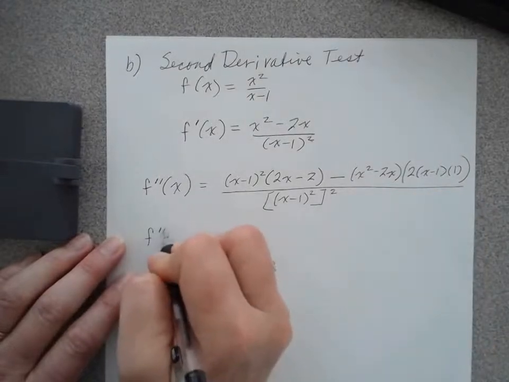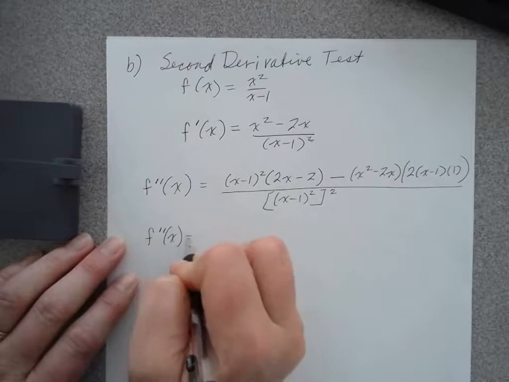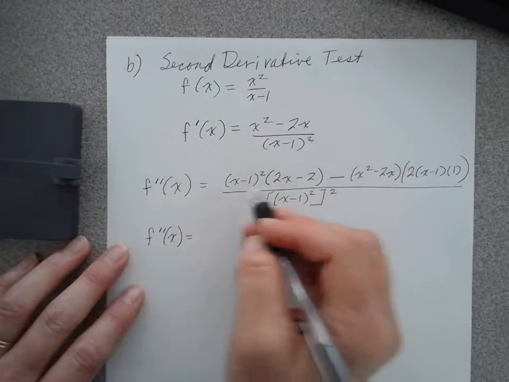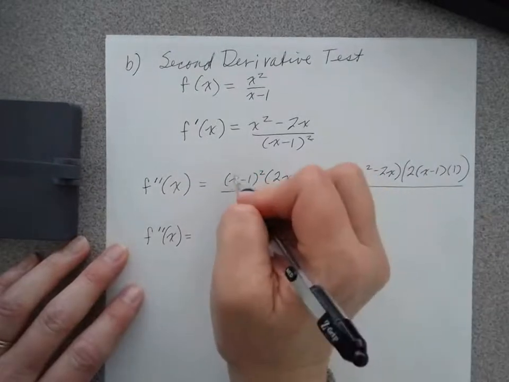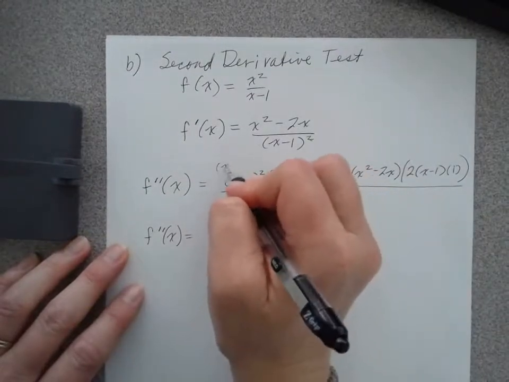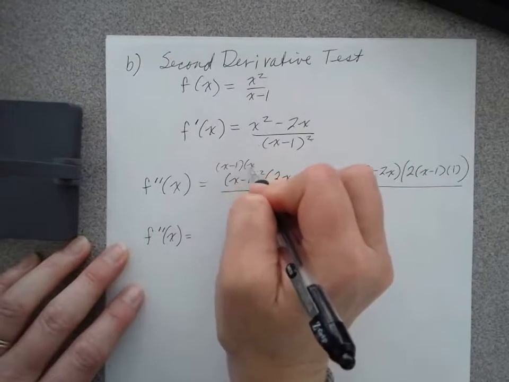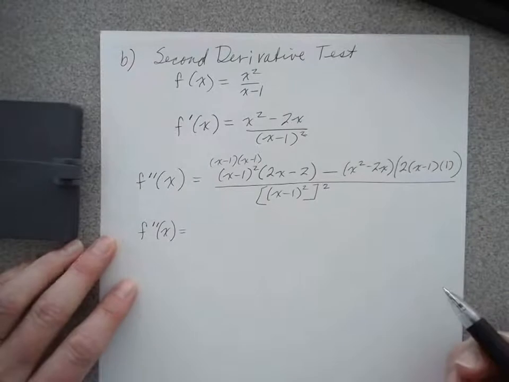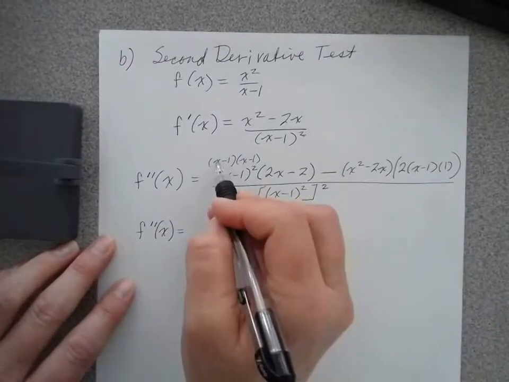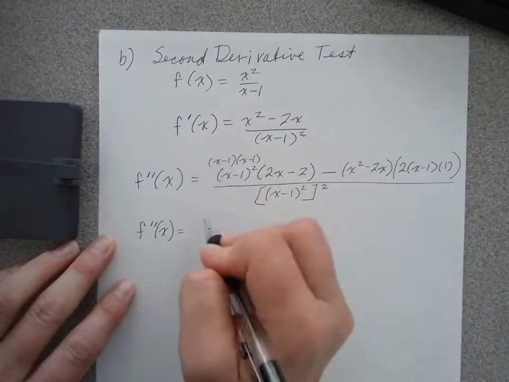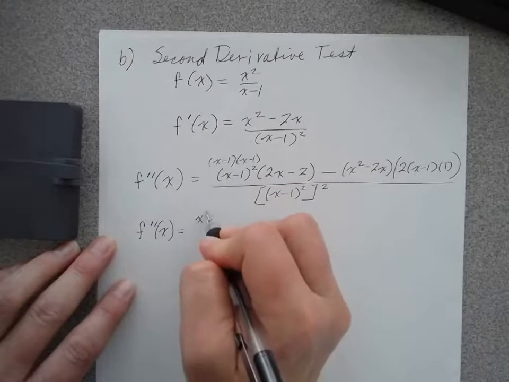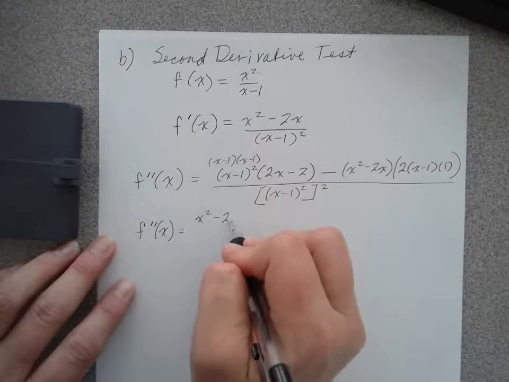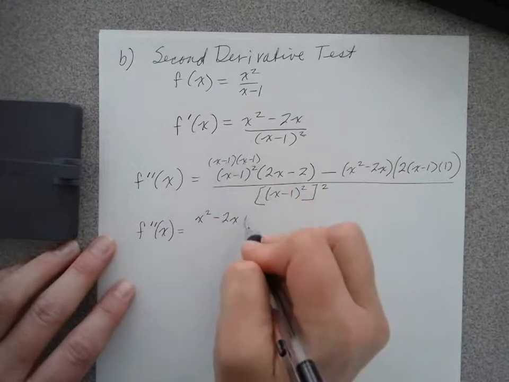Okay, and then all of that over the denominator squared. So simplify that a little bit. We can multiply everything out in the numerator. So this is x minus 1 times x minus 1, and then that answer will multiply by 2x minus 2. So x minus 1 times x minus 1 is x squared minus 2x plus 1.